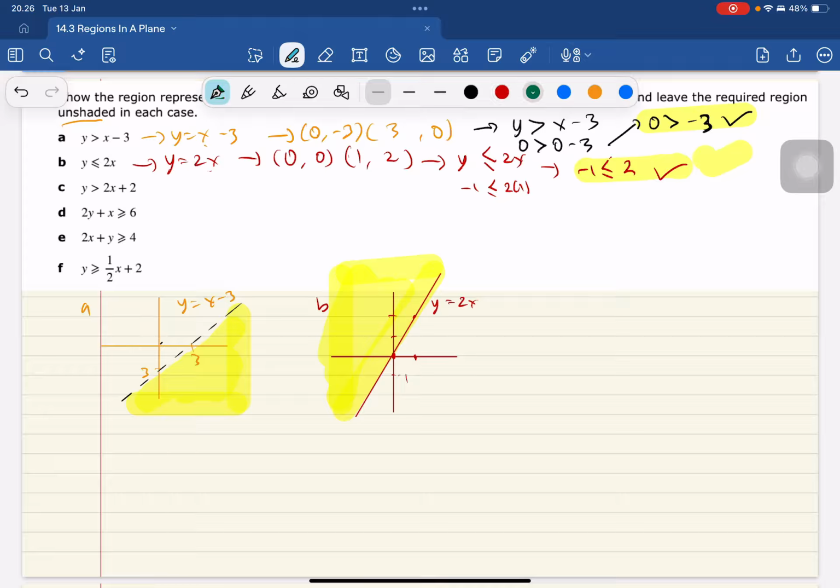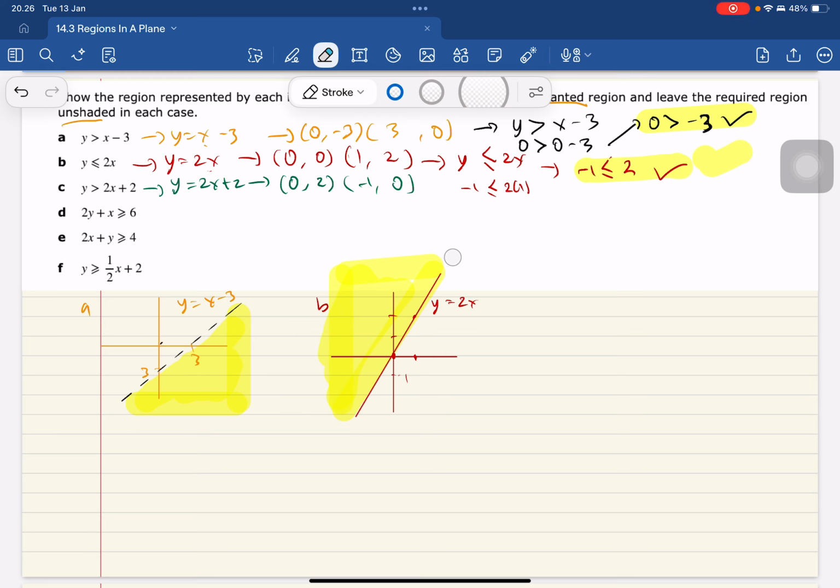Next we have y greater than 2x plus 2, so let's make it into y equal to 2x plus 2. When x equal 0, y is going to be 2. When y equal to 0, x is going to be minus 1. Okay, we got the points.